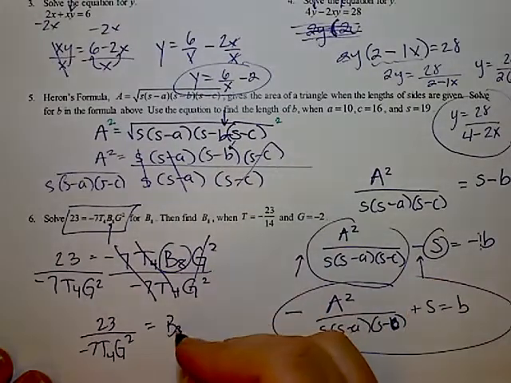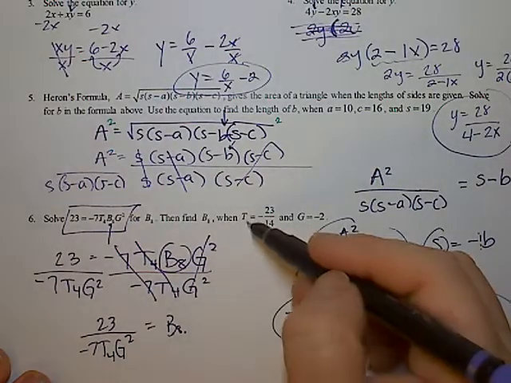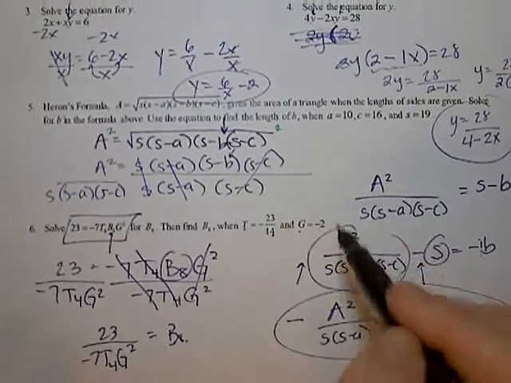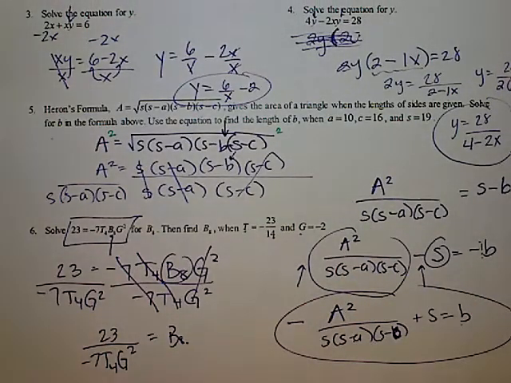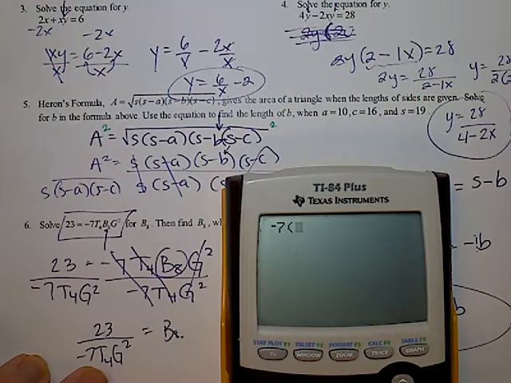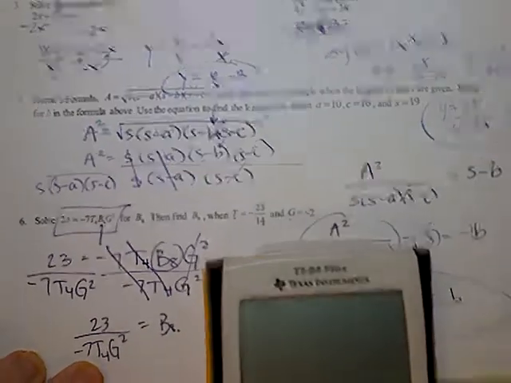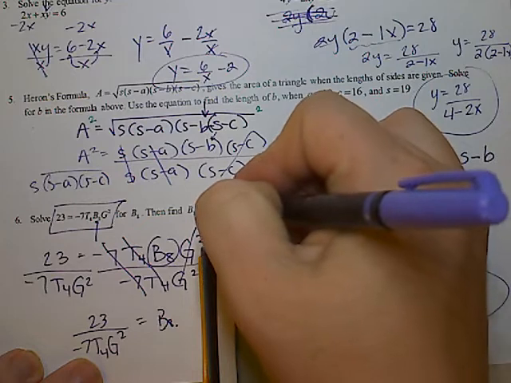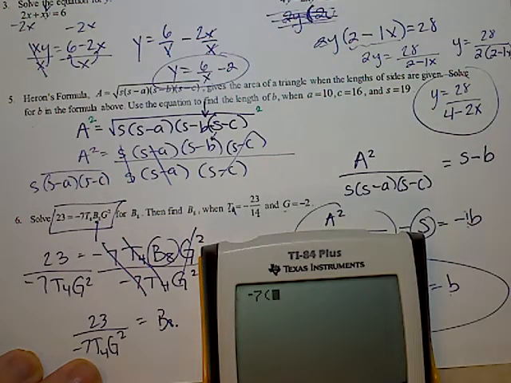And now we want to solve for b sub 8 when we know what t is and we know what g is. So first, I'm going to get an answer on the bottom. Negative 7 times, okay, t sub 4 is this fraction up above, negative 23 divided by 14. And then g is negative 2, and I'm going to square it.